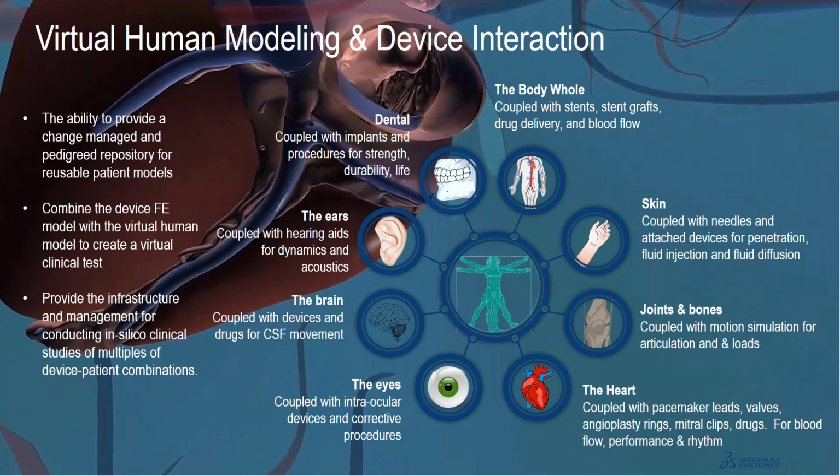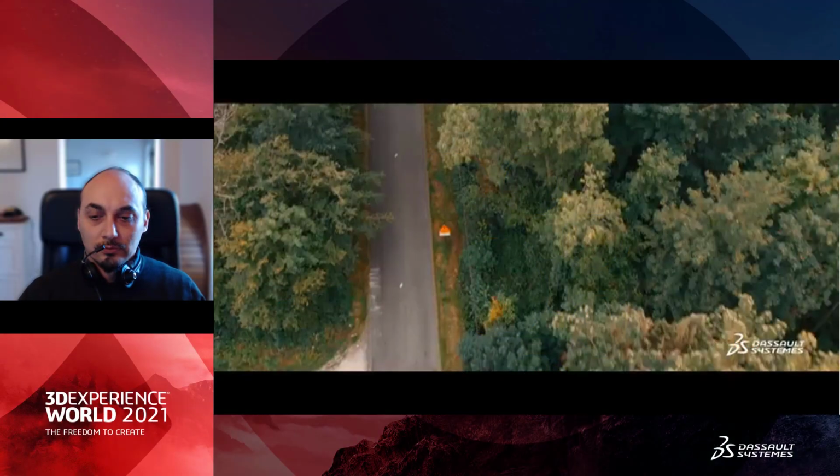The heart, which is very important, with pacemaker leads, valves, angioplasty rings, mitral clips, and so on. Joints and bones, coupled with motion simulation, articulation, loads. Skin, coupled with needles and attached devices for penetration, for fluid injection, and so on. And of course, the body as a whole.